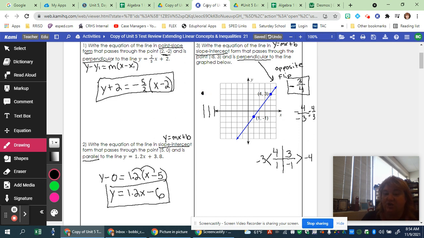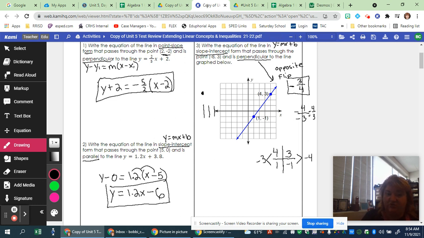And then you can just go 1, 2, 3, 1, 2, 3, 4. I'm not going to do that because my graph isn't perfect. So I'm going to go ahead and use this method. I could get really close to finding my y-intercept, and now I can just write it. But my graph isn't perfect.